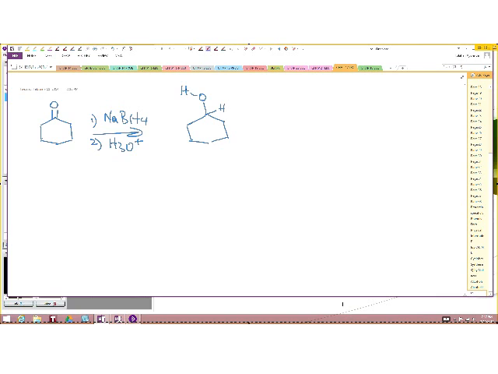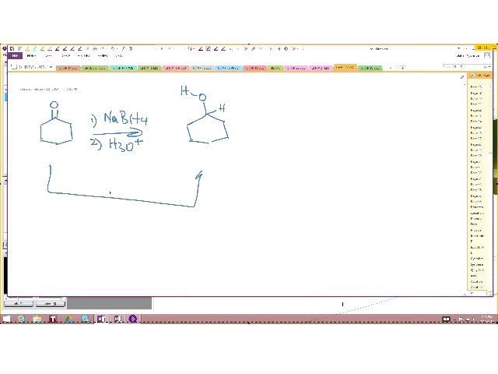We are adding this hydrogen and this hydrogen across the carbon-oxygen bond. One of them is coming from the sodium borohydride, the other is coming from the dilute acid. In this case, we are forming a secondary alcohol. Yes, the metal hydride, all they do is supply the hydride. So if I ask you to give the mechanism, all you have to do is start from the hydride.